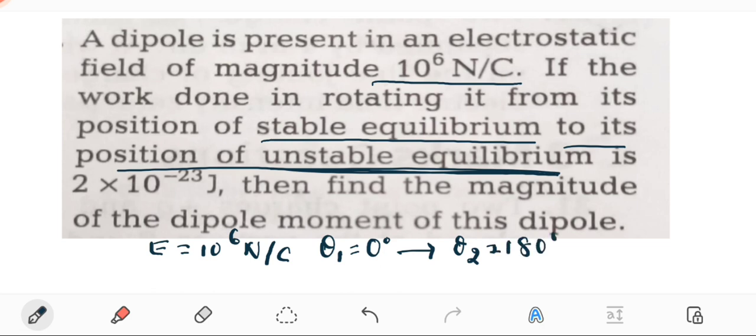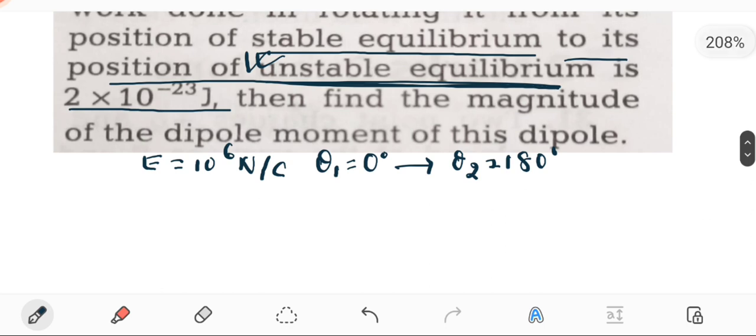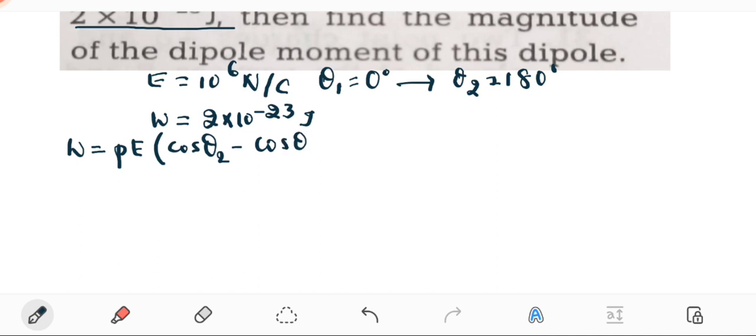The previous question we have solved was similar to this one only. The work done is given, that is 2 into 10 to the power minus 23 joule. We have to find the magnitude of the dipole moment, that is p. Now students, we know that work done in case of a dipole is equal to pE times cos theta 2 minus cos theta 1.